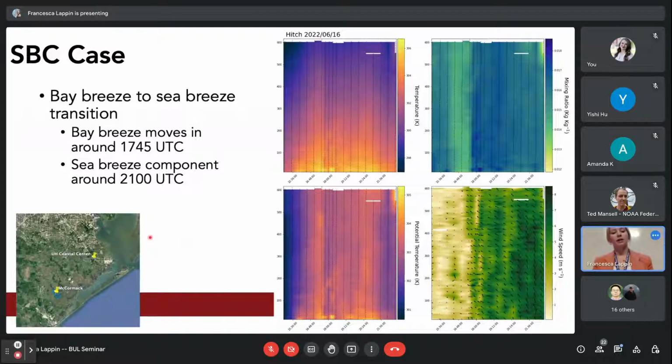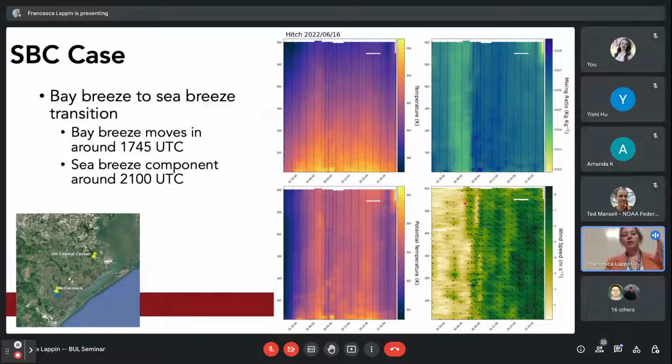This is at the coastal center site. So we have a bay influence, and this was interesting because there was a really clear bay breeze to sea breeze transition, where these 4 panels are temperature, mixing ratio, potential temperature, and wind speed and direction.